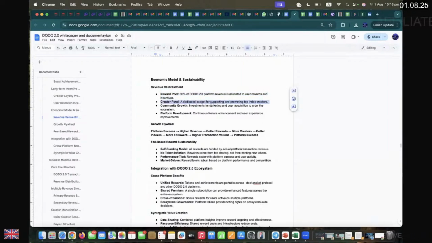Next, let's move to the Creator Fund, a dedicated budget for supporting and promoting top index creators. There will be a separate creator fund for promoting the top index creators over the web, over social media, over performance marketing. We will spend extra budget for promoting the top index creators on our platform and other platforms as well, in blogs, in various big forums, in podcasts, in my YouTube, in official YouTube channels.